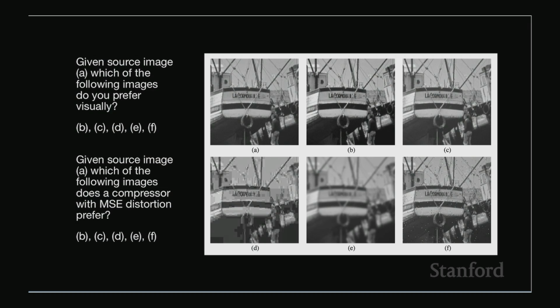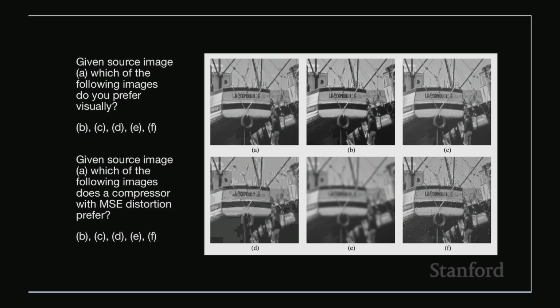Which one do you think is a better reconstruction of the image A among images B, C, D, E, and F? Again, not a trick question, just shout out. Okay, B. Does everyone agree? Or does someone feel there is some other image which is a better reconstruction of image A? Okay, B is correct, right?